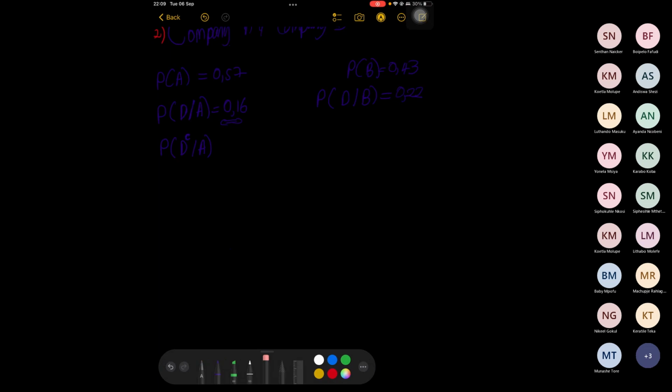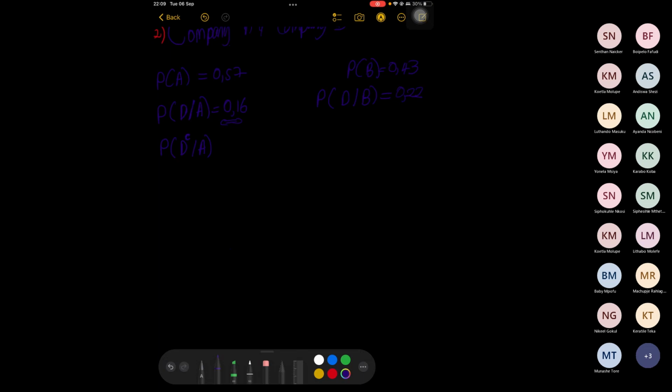The complement of A in this case is obviously B, so there's no way you can say the probability of D given A complement. It doesn't make sense.